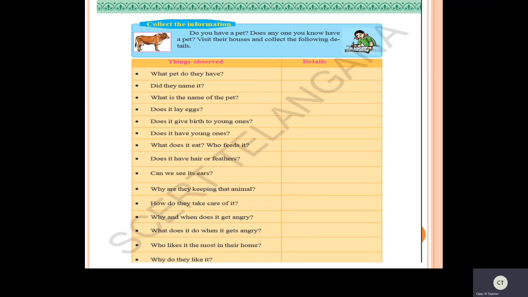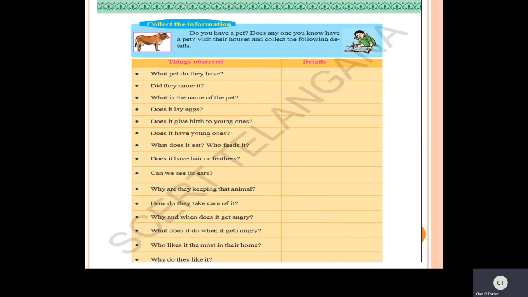Now, what does it do when it gets angry? Yes, it will shout, it will bark, and also it will bite. So, who likes it the most in their house? Generally in the home, everyone likes the dog, right?